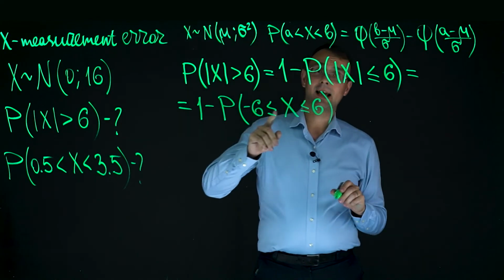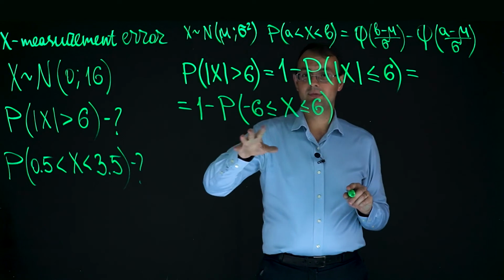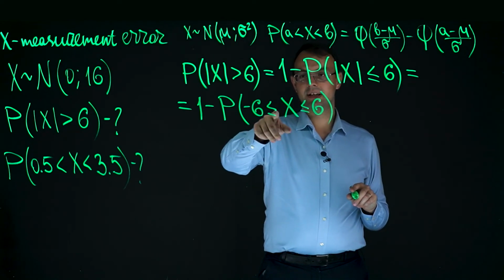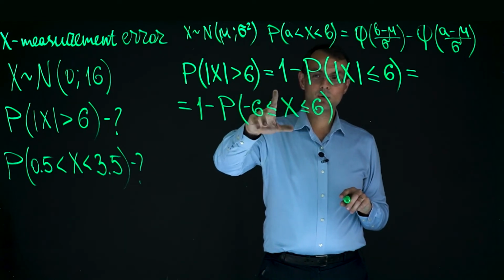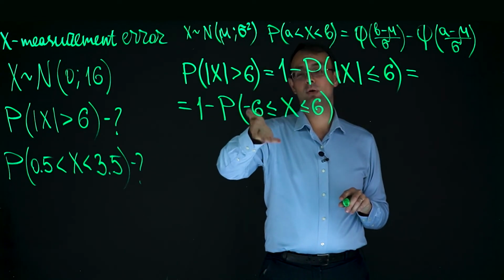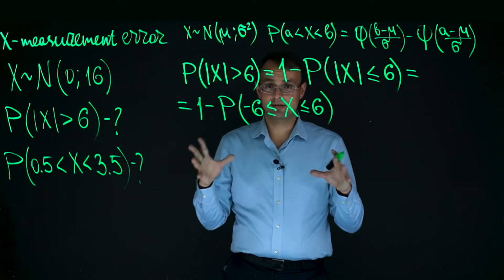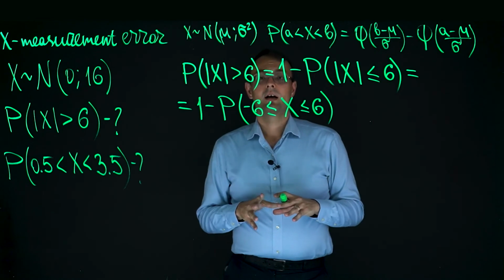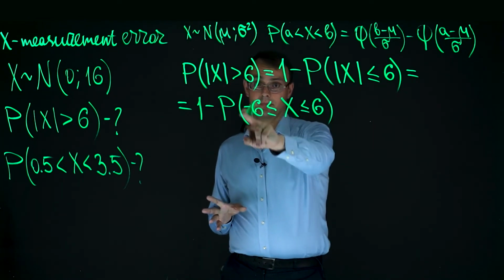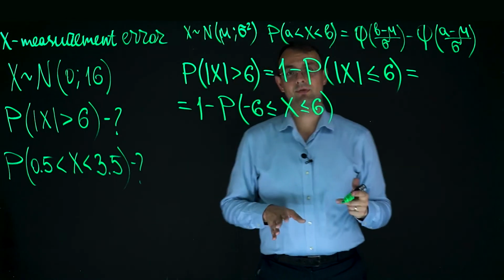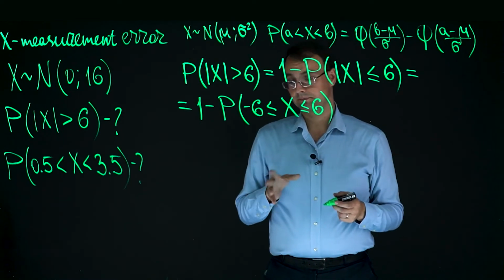Please mind that for continuously distributed random variables, it's no matter if this inequality is strict or not. So less or equal, it's the same. It doesn't affect the probability. So we can apply this formula to this expression in spite of the fact that this inequality is not strict.